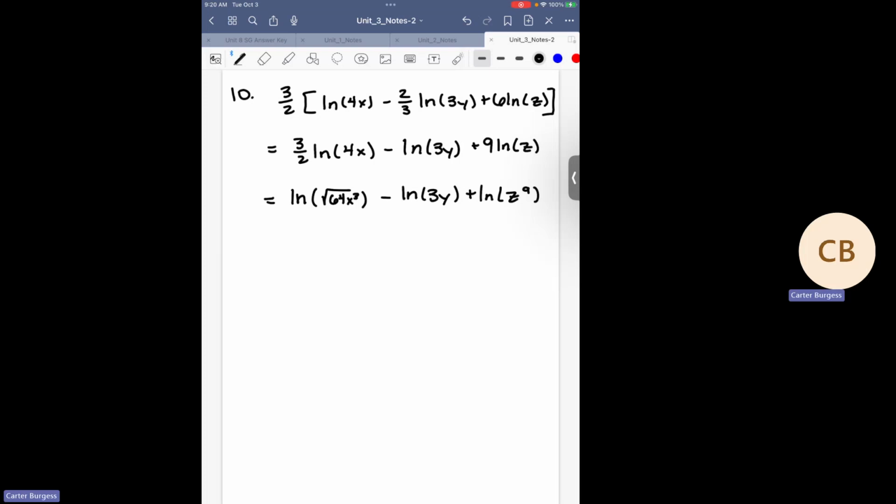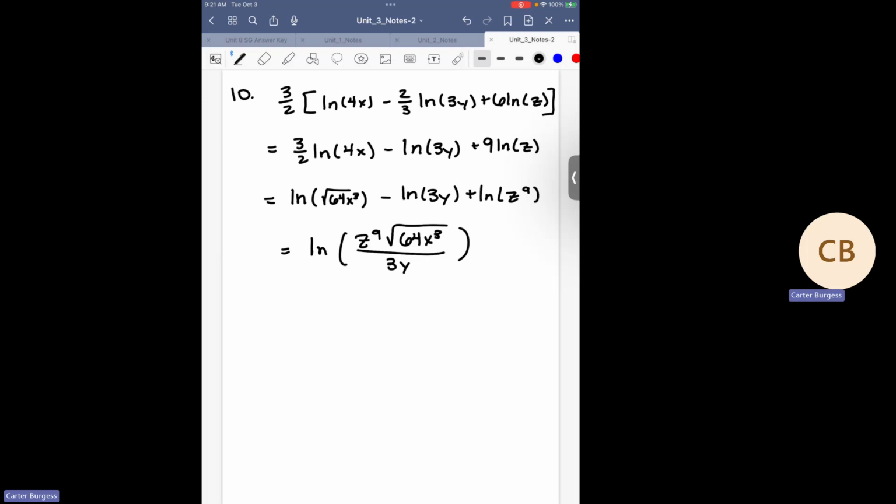A couple of ways that we could do this, but the first thing that I would like to notice is that everything that is positive will be a factor of the numerator, and everything that is negative will be a factor of the denominator. So how I would jump in and solve this is ln of the square root of 64, well, let's change our ordering here, ln of z to the 9th times the square root of 64x cubed, all divided by 3y.